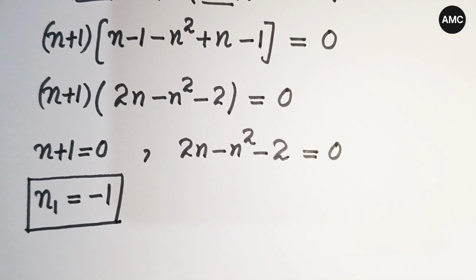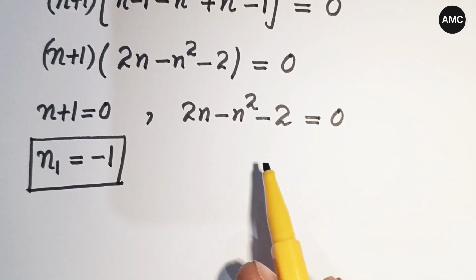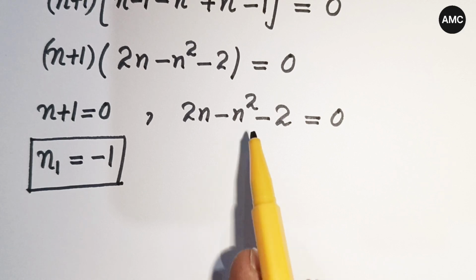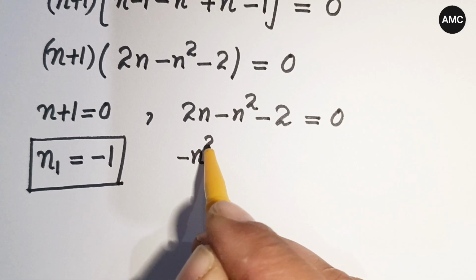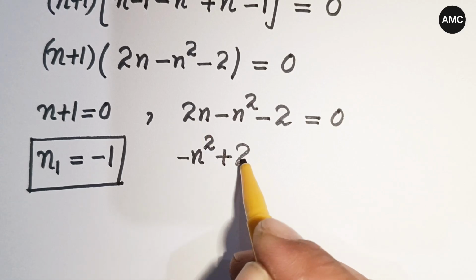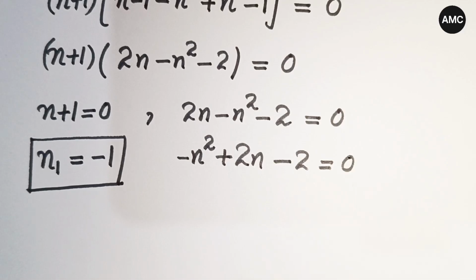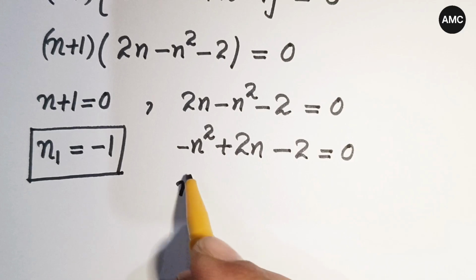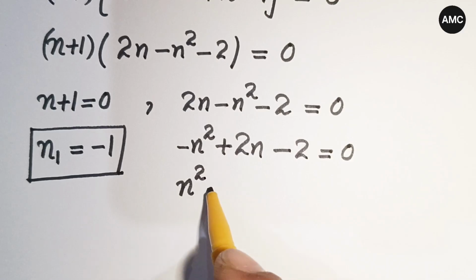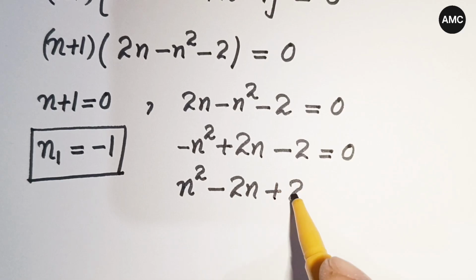Now from the second equation we can solve this by the quadratic formula, but first we have to rearrange this one. So we get minus n squared plus 2n minus 2 is equal to 0. If we multiply by minus 1 on both sides, then we get n squared minus 2n plus 2 is equal to 0.